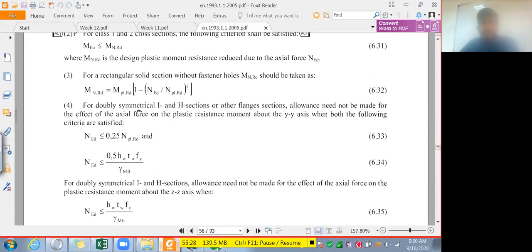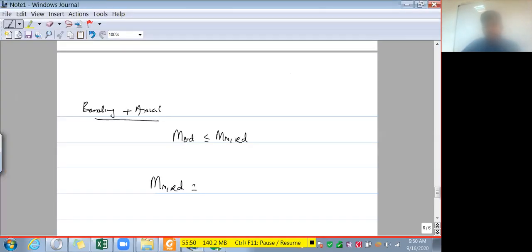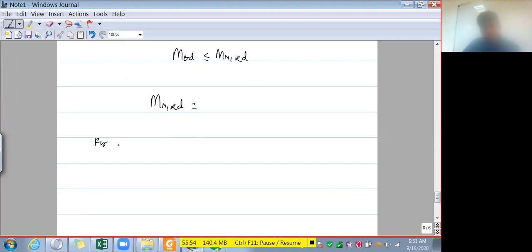For doubly symmetrical I and H sections or other flanged sections, allowance need not be made for the effect of the axial force on the plastic resistance moment about the y-axis when both these criteria are satisfied.